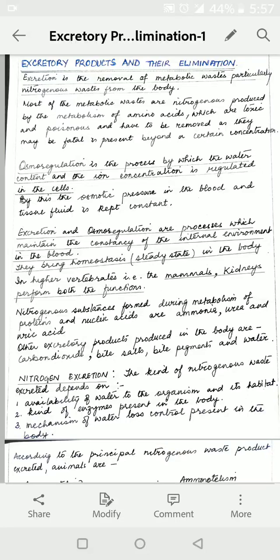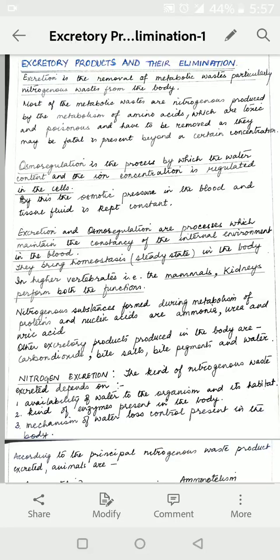By this, the osmotic pressure in the blood and the tissue fluids is kept constant. And this process of osmoregulation and excretion together bring about homeostasis in the body, and so they are interconnected.